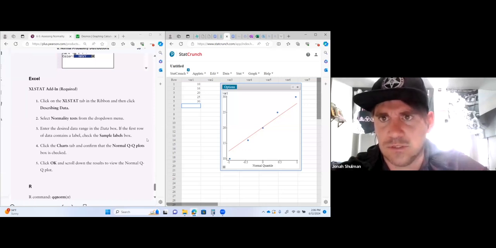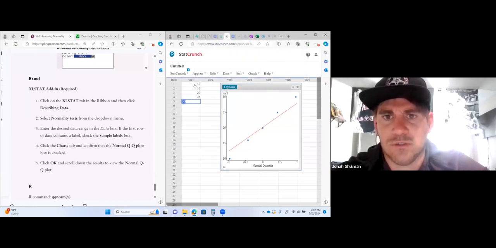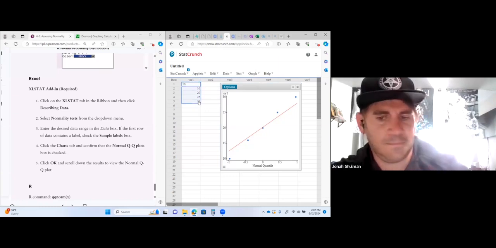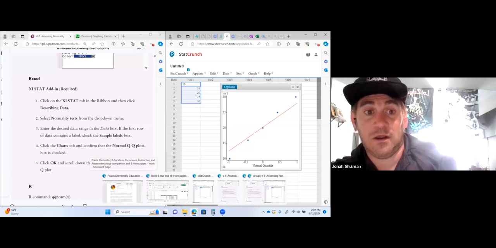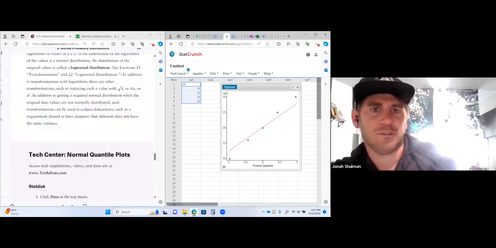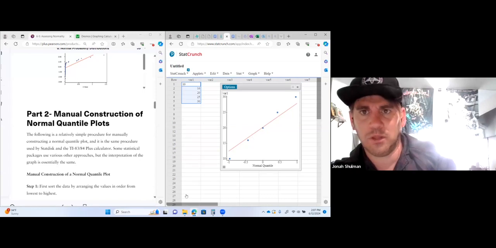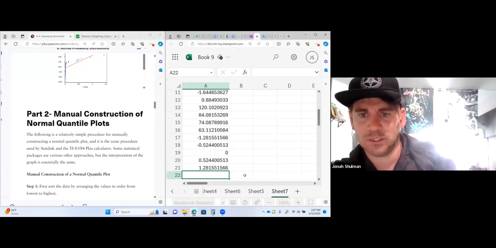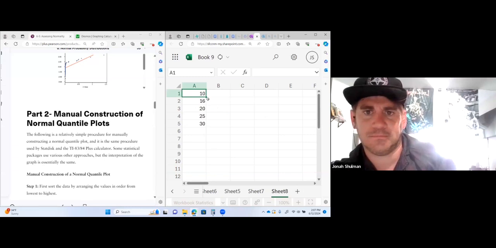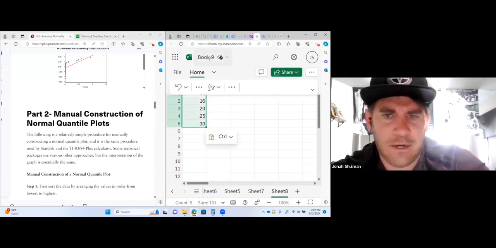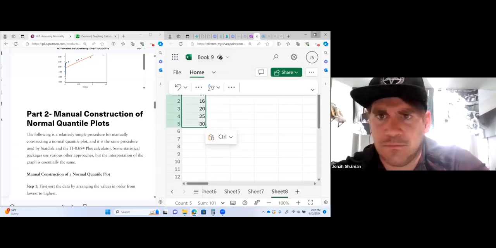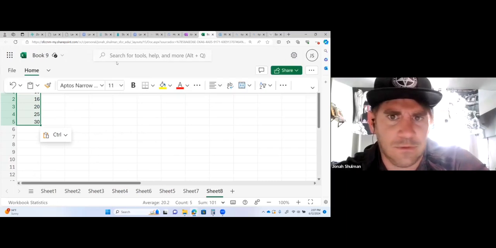Okay, let's go to Excel. Let's see if I can make one of these QQs, or whatever it's called. Normal quantile plot. Let's see if we can build one of these crazy things. Let's see what we got.